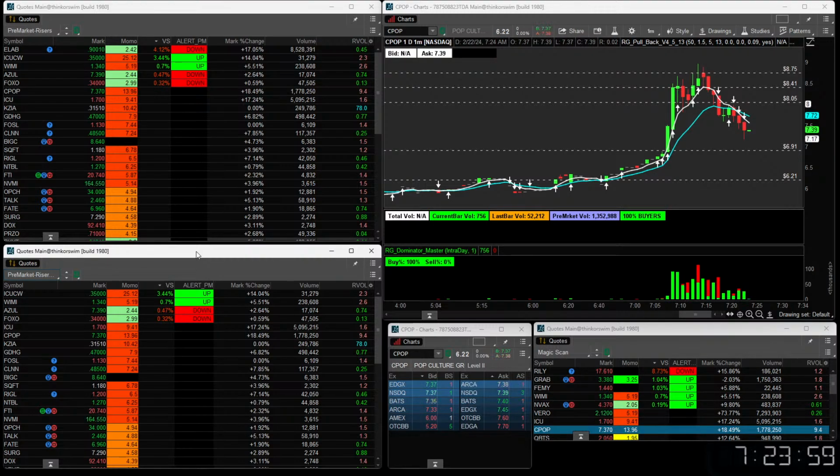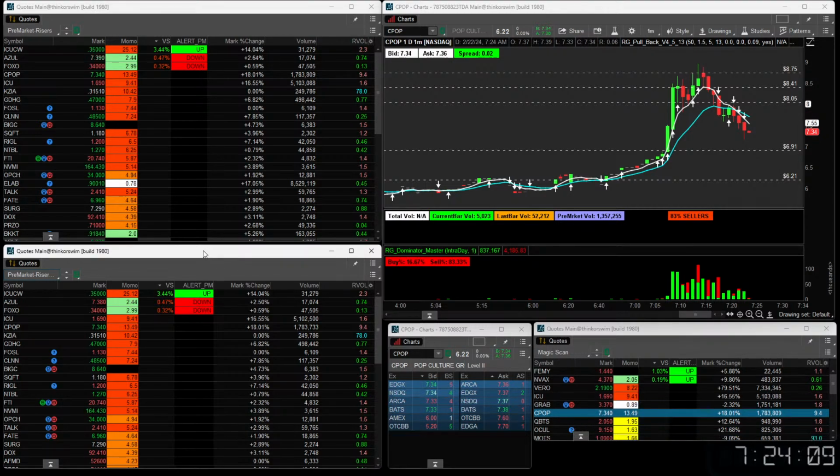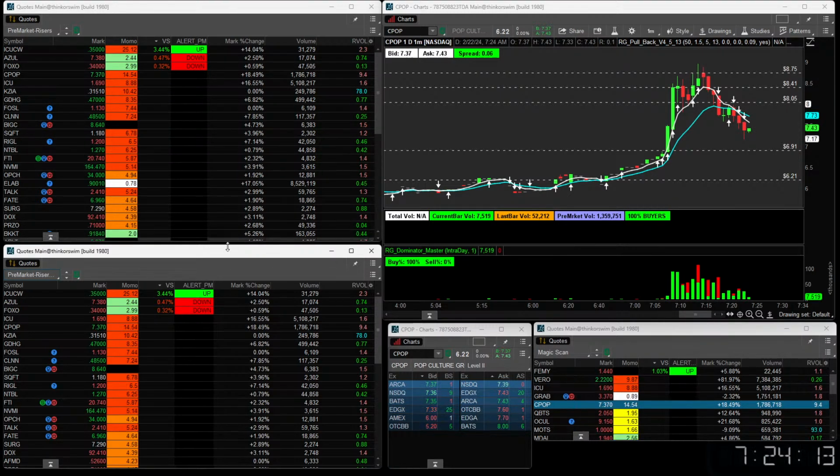It's not like the regular session where there are so many people you cannot affect the price whatsoever. Pre-market is not like that. Once there's enough of us and we're all having the same stock pop up in our scanners and we're all making the same moves, it helps bring the volume up on these stocks for profit.